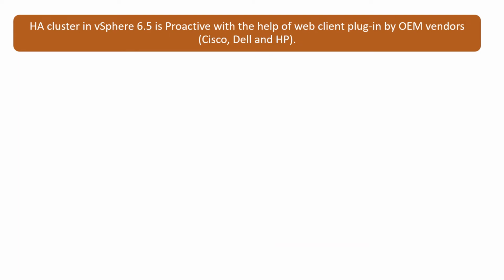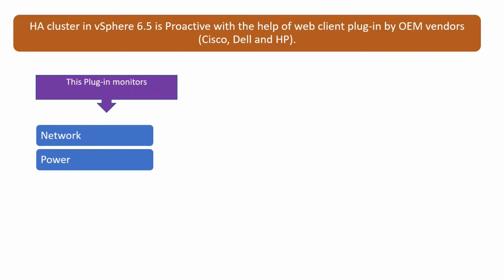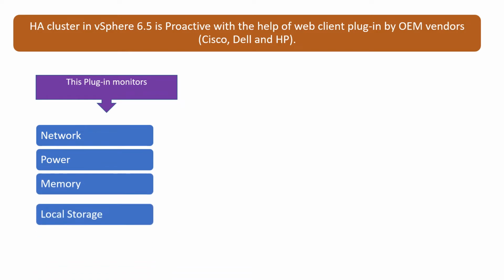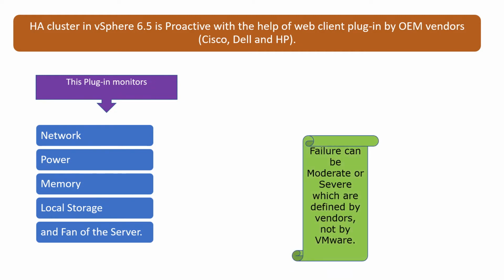See, the proactive HA cluster in vSphere 6.5 works with the help of the web client plugin provided by the OEM vendors. OEM vendors like Cisco, Dell, HP, Lenovo, and Nutanix are providing the plugins currently. The plugin will monitor network, power, memory, local storage, and fan of the server.